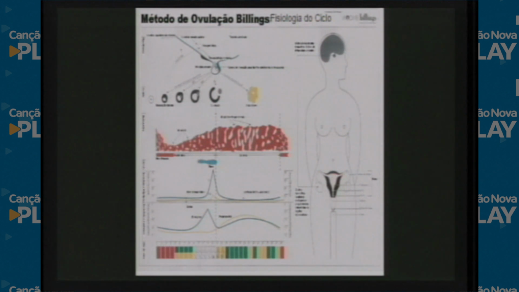So what is happening is like an orchestra. Everything is working in beautiful balance and harmony. And the beginning of it all is controlled by the follicle stimulating hormone.